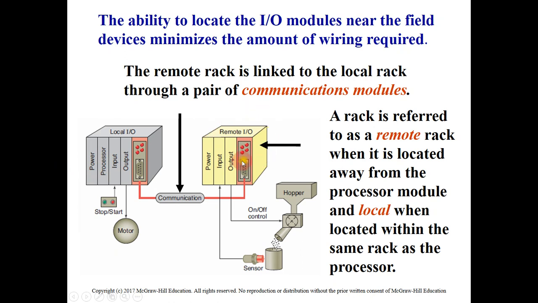So instead of using a CPU here and a CPU in the field, we have only one CPU. And instead of connecting many wires from this process to the control room, we are going to connect only one wire from this remote rack to the local rack of the PLC system.